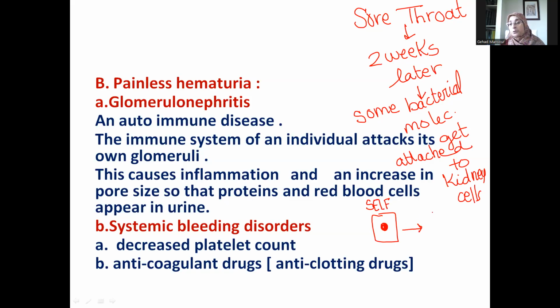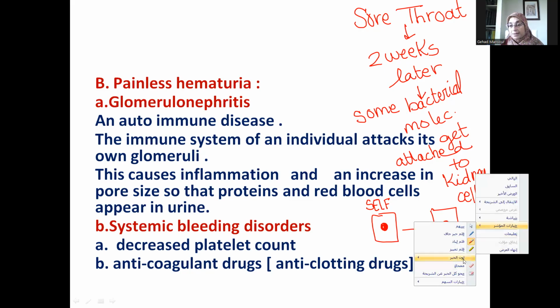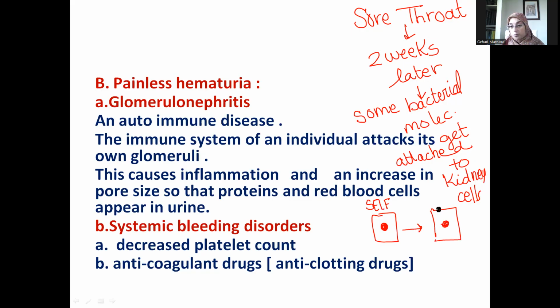But after the sore throat, certain foreign molecules or non-self molecules attach themselves to your cells. Where did they come from? They came from bacteria. So these are bacterial molecules. They are not whole bacteria, but they are fragments of bacteria.